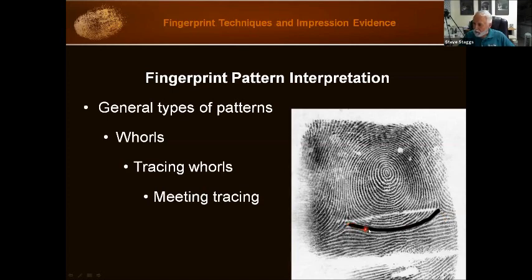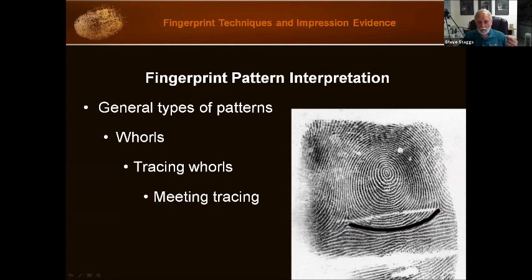We trace that ridge and it comes right to the other delta. And so that would be a meeting tracing, or an M. If it was 1 ridge or 2 ridges inside, or 1 ridge or 2 ridges outside that delta, it would still be a meeting trace. All right. So that's what we do with whorls.